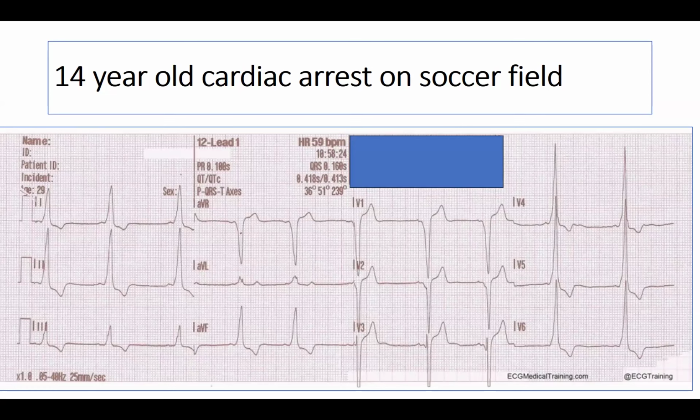So in the controlled setting of the cath lab, we could induce atrial fibrillation and see precisely how fast this pathway conducts. If the pathway conducted rapidly, meaning less than cycle length 250, which would be a heart rate of roughly 240 to 250 or faster, then I think it would be reasonable to assume that the event was related to the WPW and that ablation of the WPW should protect the patient.